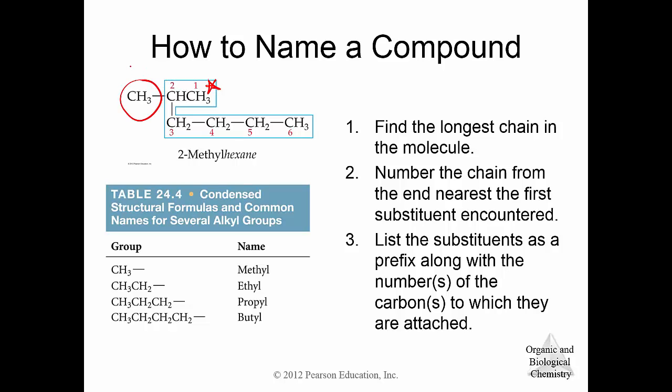When I'm naming this, the suffix will be ane because it's an alkane. The base is hex because there are 6 carbons in my alkane chain. I have a methyl group branching off the second carbon. So it's 2-methylhexane.